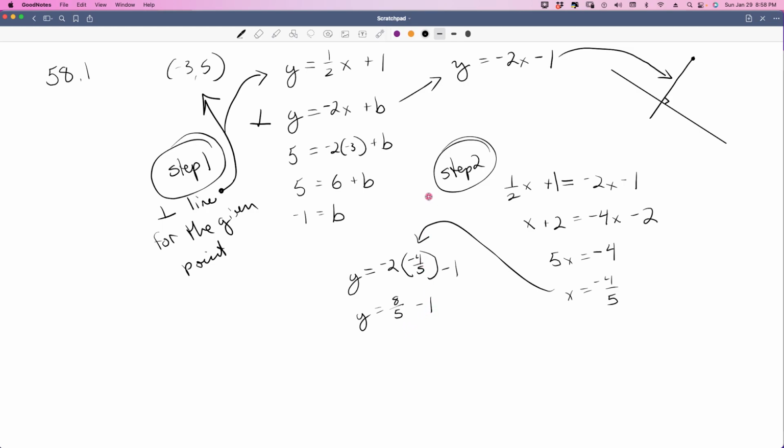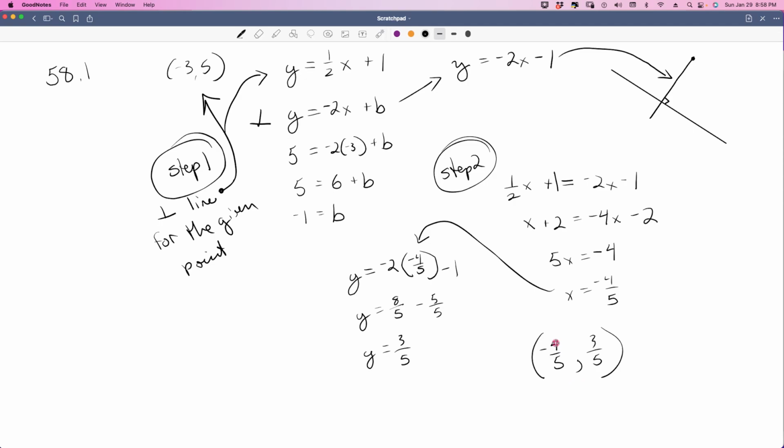Well, in this case, 1 is going to be 5 over 5, right? So y is equal to 3 over 5. So our other point is going to be negative 4 over 5 and 3 over 5. That is our intersection point.